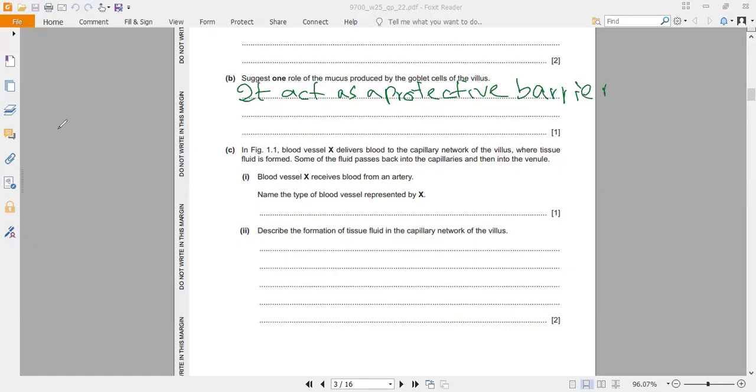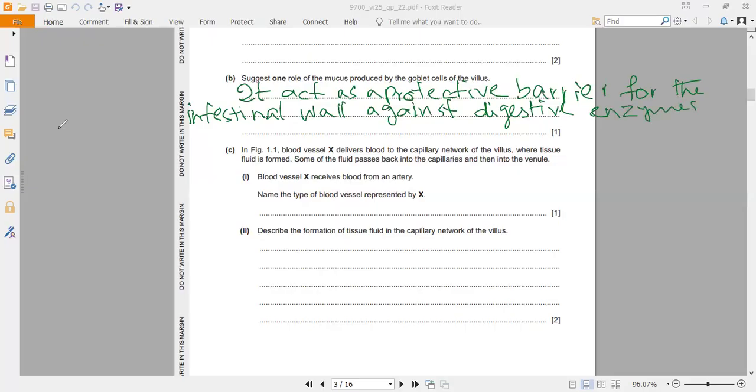Protective barrier for the intestinal wall against digestive enzymes or acidic content.